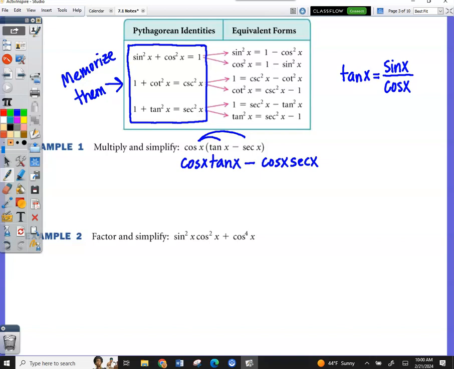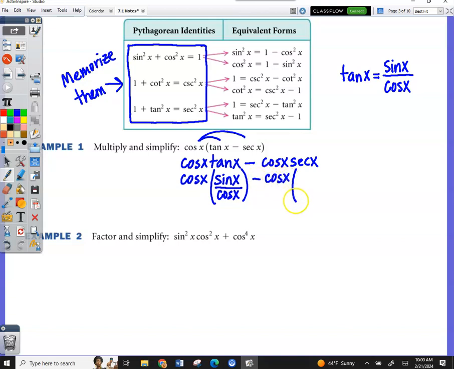This is like baby steps into using your trig identities. Cosine is just cosine, but what's tan? Tan is sine over cosine. Notice my x that is the angle measure just gets copied. All I've done here is replace tan with sine x over cosine x, minus cosine x.